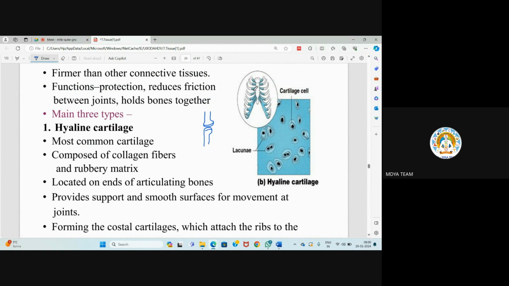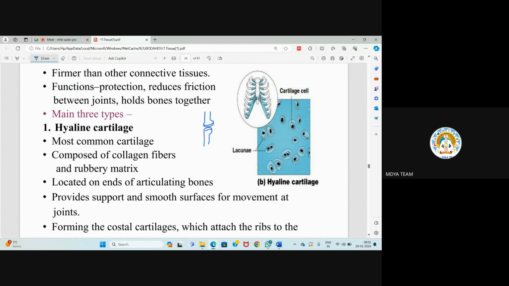Bones are harder and cartilages are very soft, but they look almost similar. You can see here in the ear, or in this costal cartilage too, they look like bones.